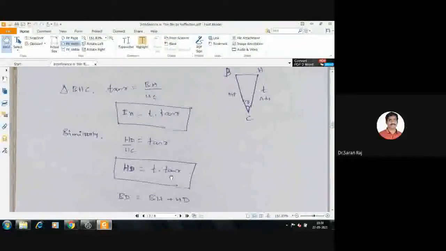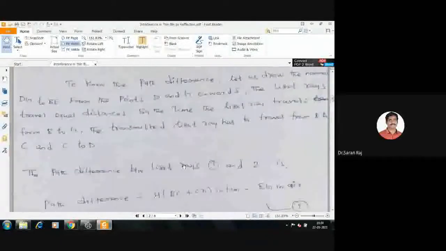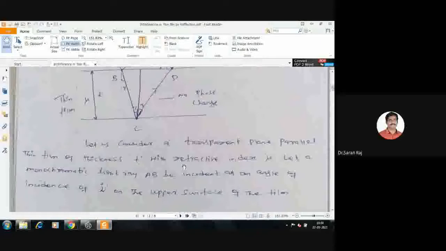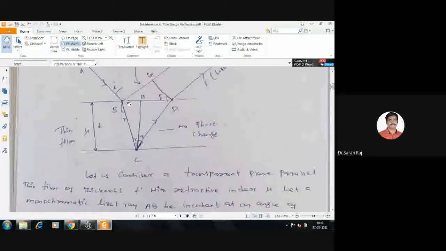Now I want the total distance in this plane. The total film distance from B to D is the BH value plus the HD value, which gives the BD value.